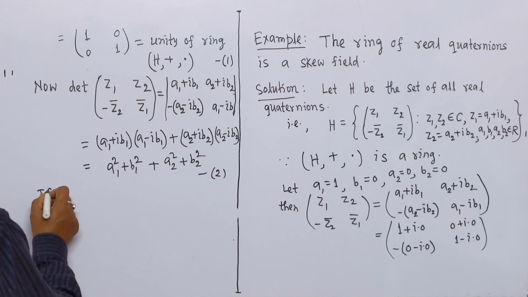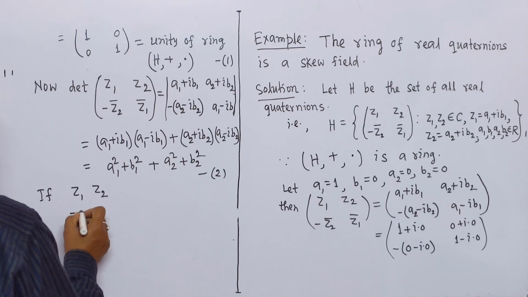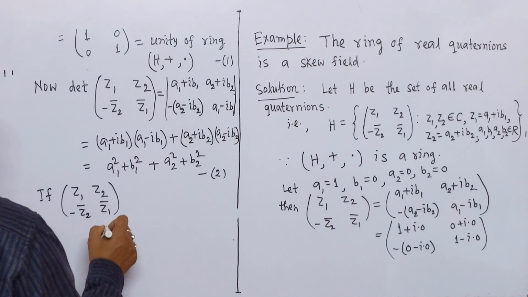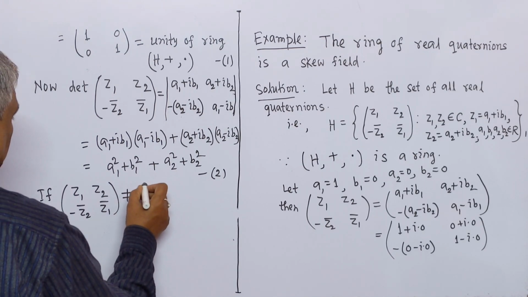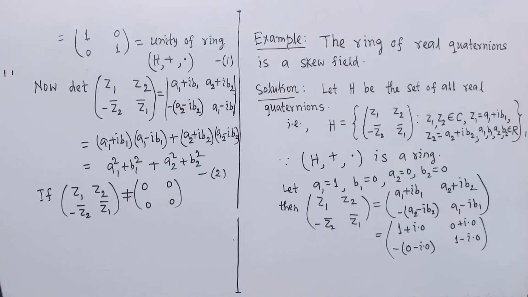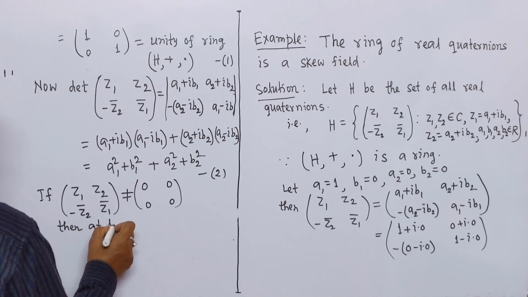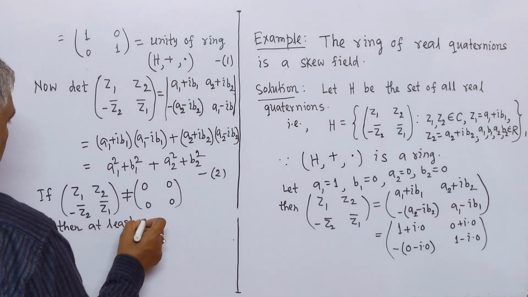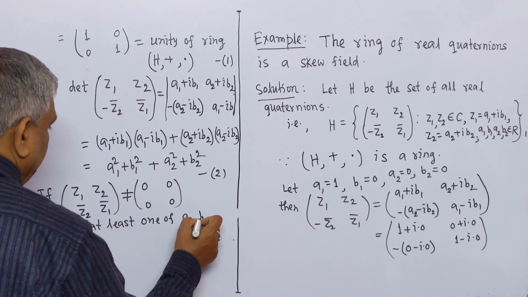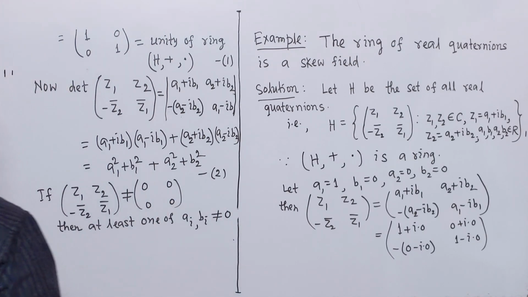If the matrix Z1, Z2, minus Z2 bar, Z1 bar is not equal to the zero matrix, then at least one of A1, B1, A2, B2 is not equal to 0.